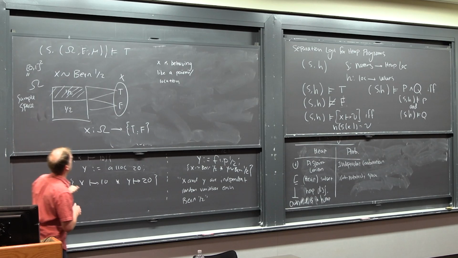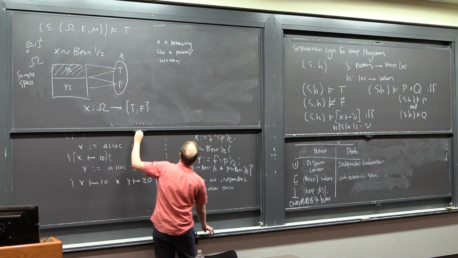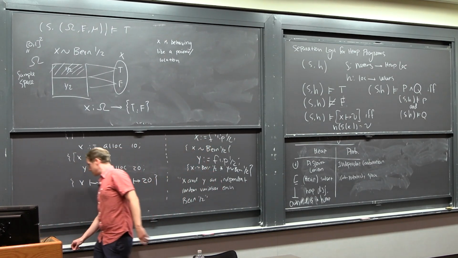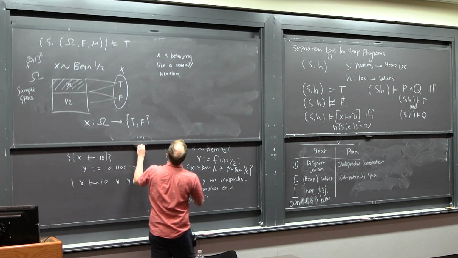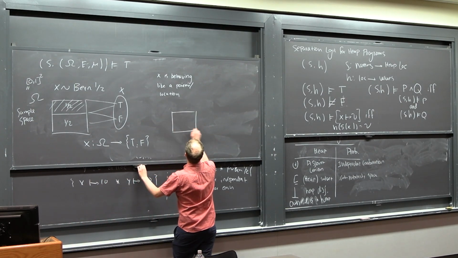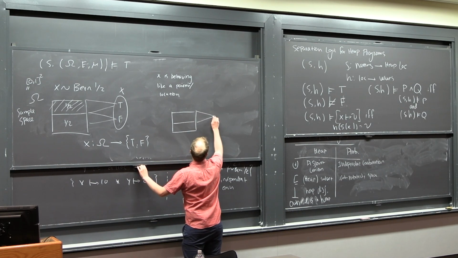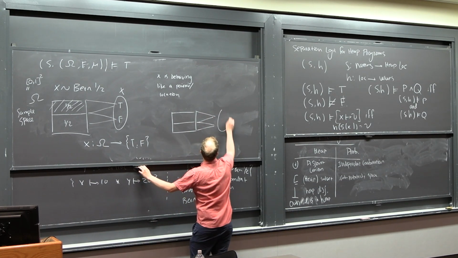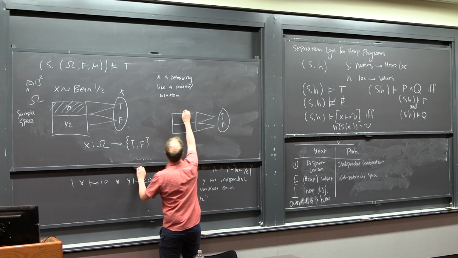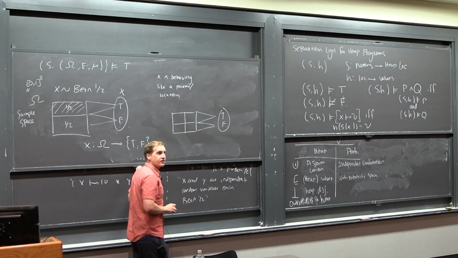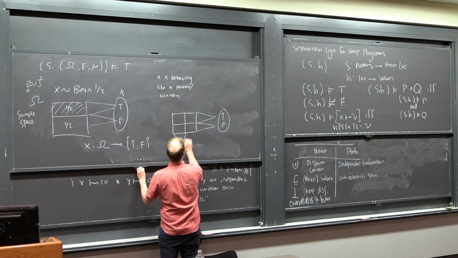That's the game, okay? Well, here, I'll draw one for you. If I've already allocated x this way, well, then I'll allocate y along the other slice. Okay?